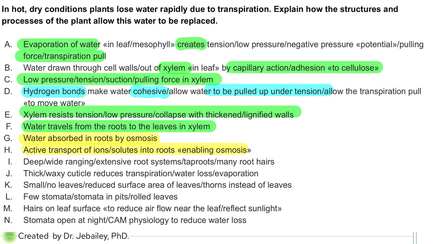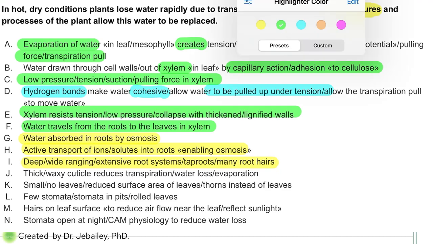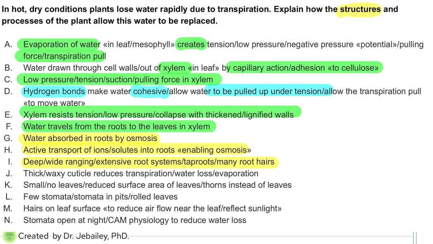Then, since I'm talking about structure, because I want to know about structure, I can talk about the structure of the root and how it increases water absorption. So deep, wide, extensive root systems such as root hairs. And then, since I was talking about transpiration, why not talk about what's happening in the leaf? So you have the waxy cuticle that reduces transpiration.